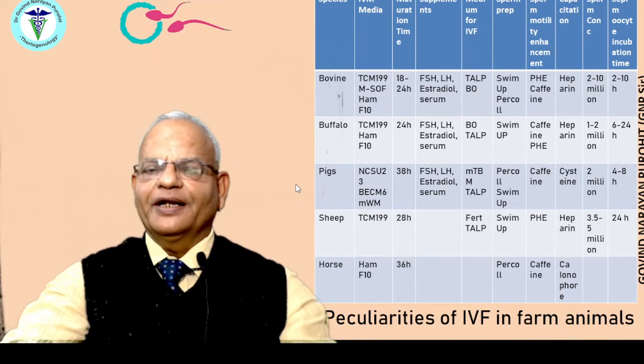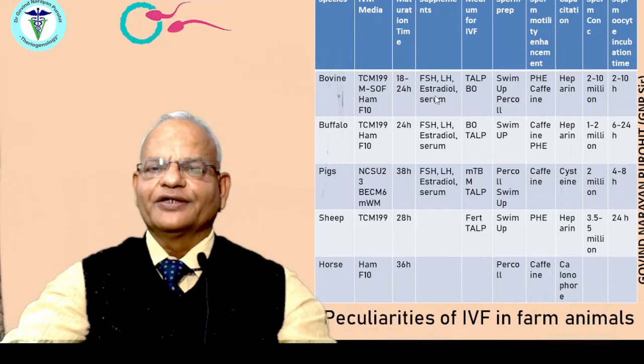Now this table shows the peculiarities of the media, the time frame, and the different sperm concentrations used in in vitro fertilization of different species. For the bovine species, for IVM media, TCM 199, medium SOF, can all be used. Maturation time is 18 to 24 hours.